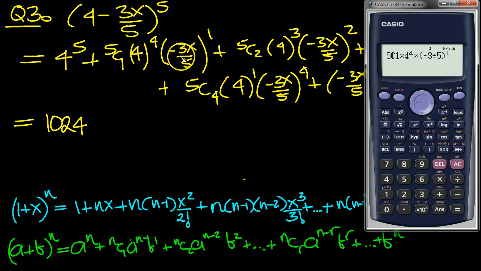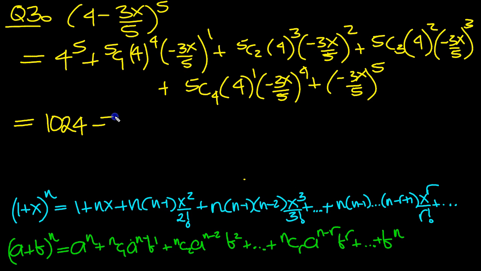Because we started off with power 1. We haven't included an x, of course, in the calculator, because we just want the numerical part of the answer, minus 768. And of course there's an x in that term, isn't there?